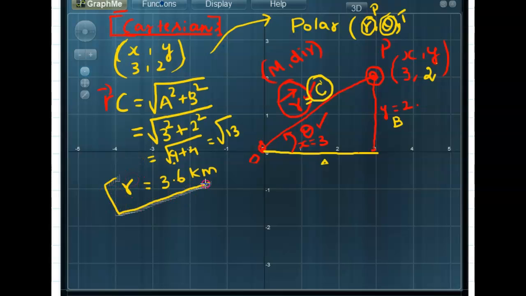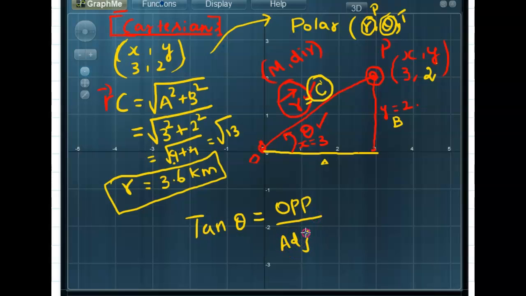So we found one value, one answer, and then we have to find the angle here, this theta from the x-axis to the position vector, the line of the position vector. So the formula is here. We have to follow the trigonometry formulas, that is tan theta is equal to opposite side divided by adjacent side. So theta is here.